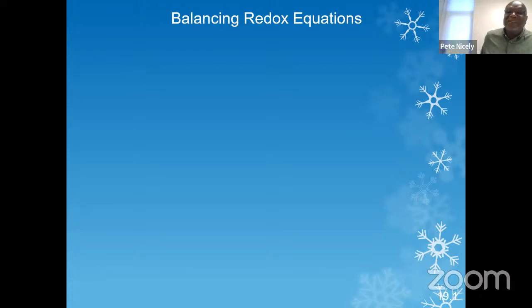So there's another method. In some textbooks, they call it the Ion Electron Method, which is very systematic, very step by step, where if you follow the steps, you should have no issue in terms of coming up with the final answer in terms of the balanced equation, all right?